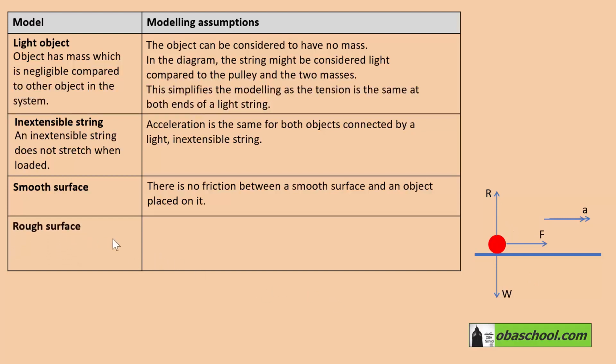If we have a rough surface, on the other hand, there is friction between a rough surface and an object placed on it. So in this case, we would have friction acting this way. And the resultant force here would be F take away Fr. So F minus Fr would be equal to ma.